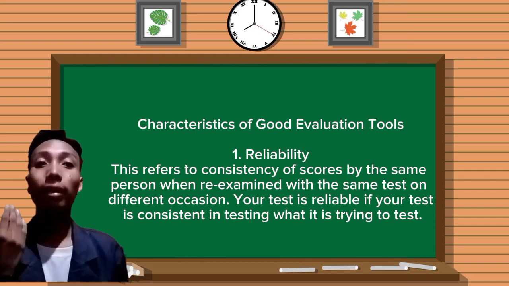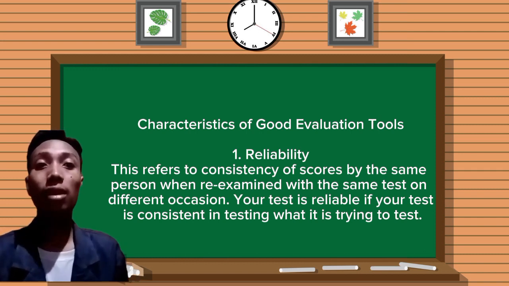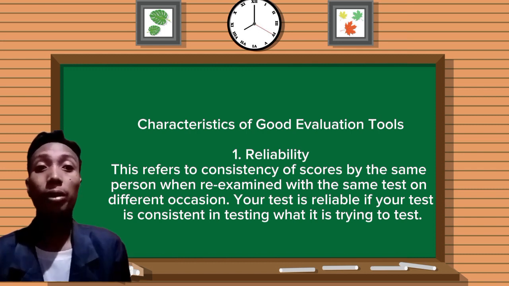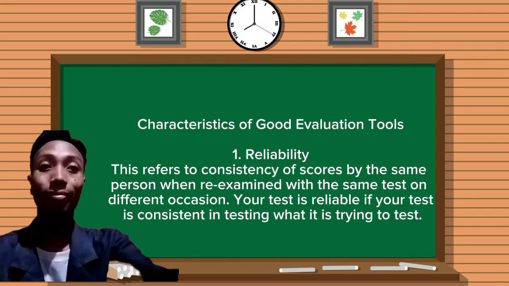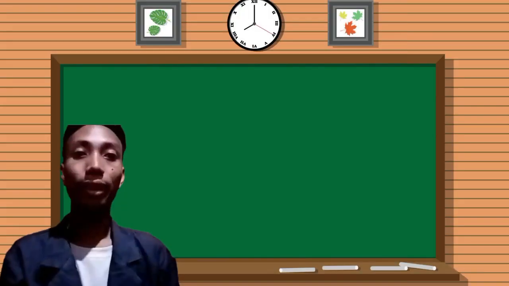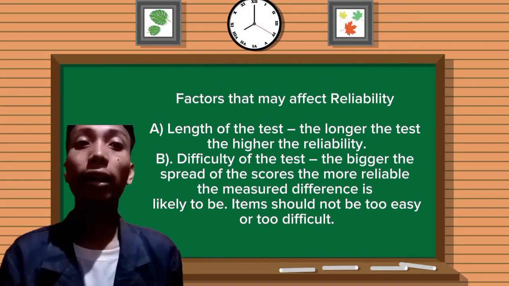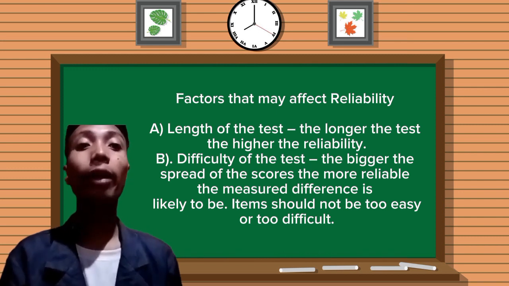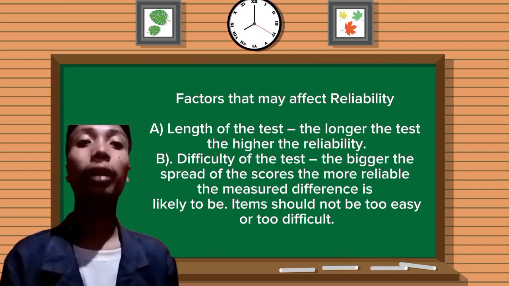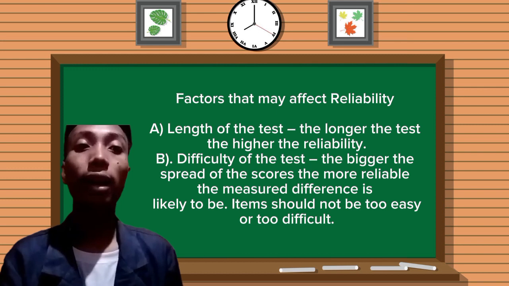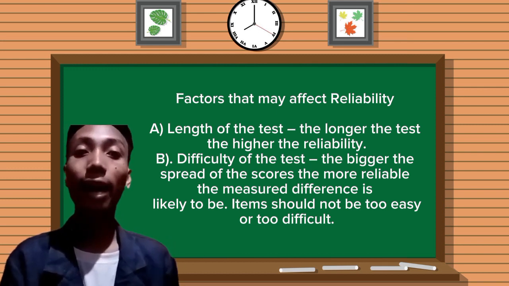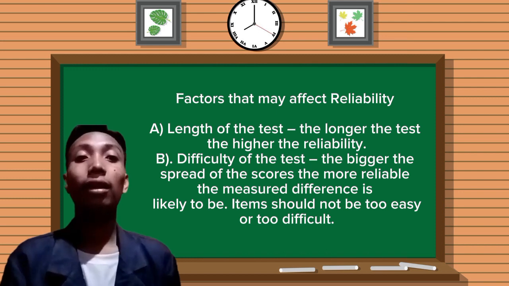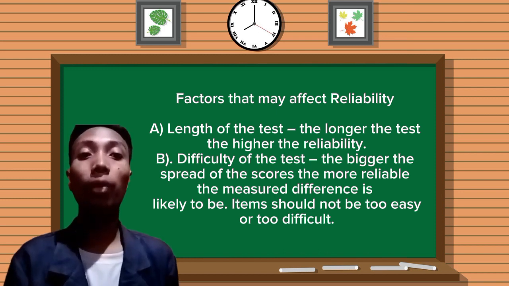Reliability refers to consistency of scores by the same person when examined with the same tests. Factors that may affect reliability: A, length of the test. The longer, the higher the reliability. Second, B, difficulty of the test.